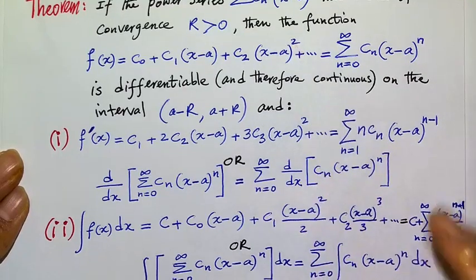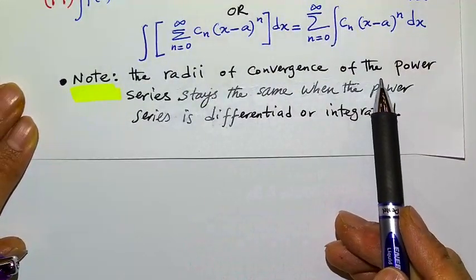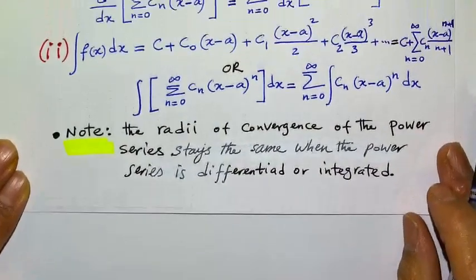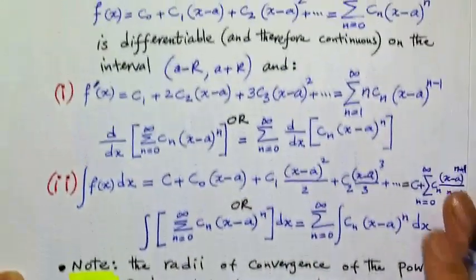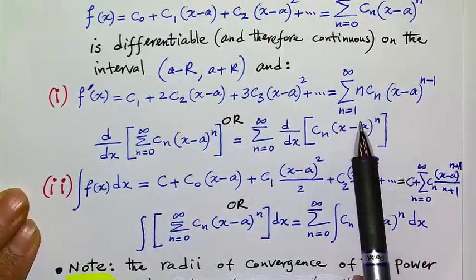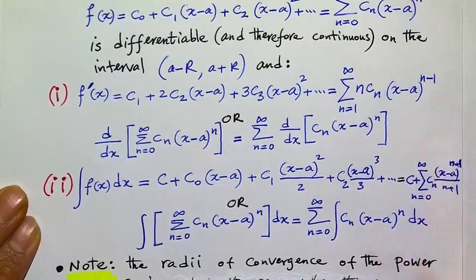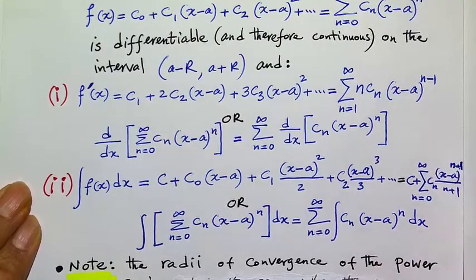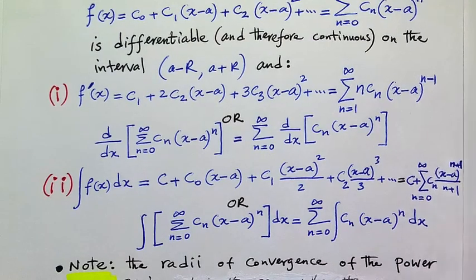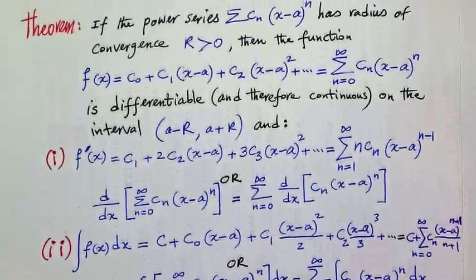So again, the radius of convergence does not change as we differentiate or integrate a function, and the differentiation and integration of power series happens term by term, which simplifies what we have to do a great deal. Those are the two things you need to remember from this page.